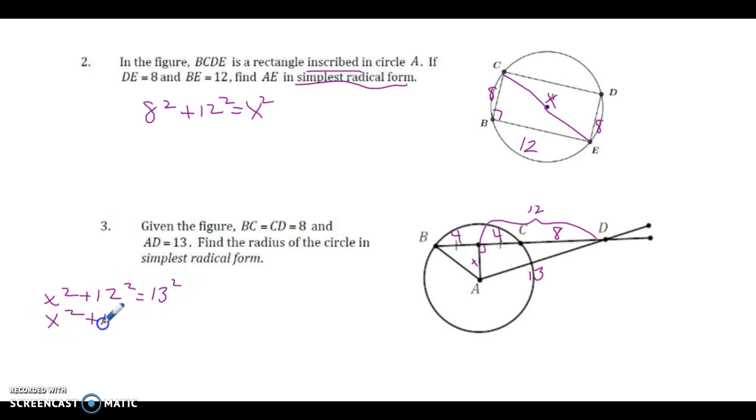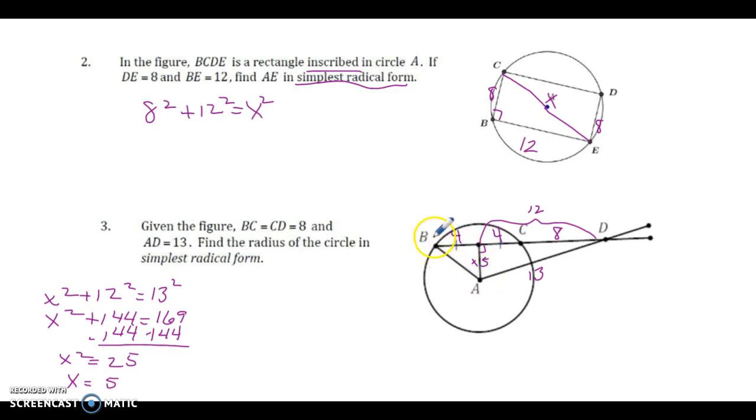So x squared plus 144 equals 169, and subtract 144, and I get x squared equals 25, and so the value of x must be 5. So that's this value. That is not the radius though, so be careful.